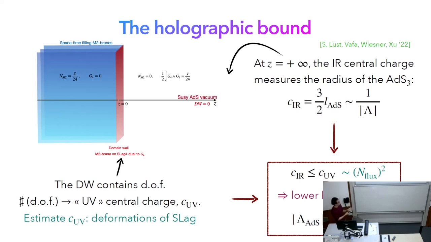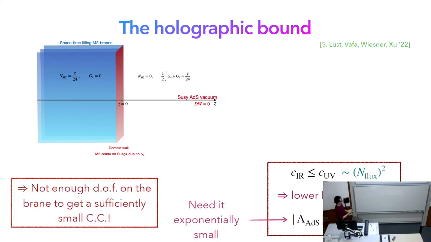Therefore, the cosmological constant has to be bigger than something of order 1 over N squared. So it cannot be arbitrarily small. However, you needed this number to be exponentially small in the KKLT scenario. So the authors claim that it's impossible to get enough degrees of freedom on the brane to get a sufficiently small cosmological constant.